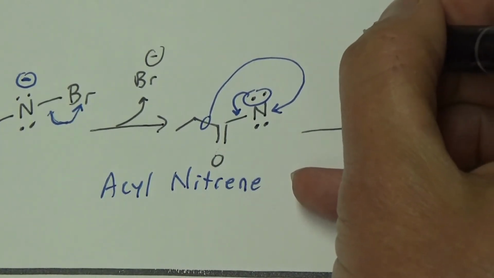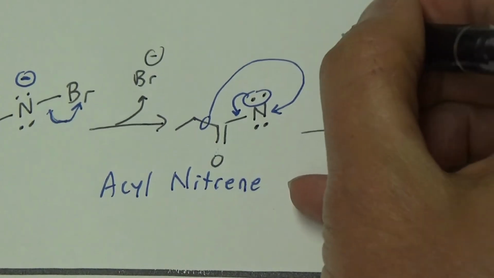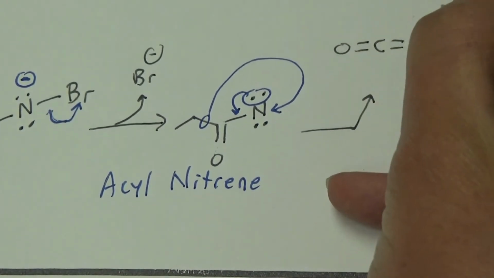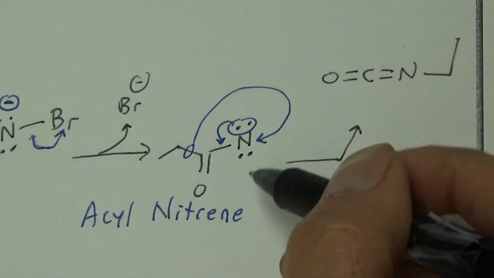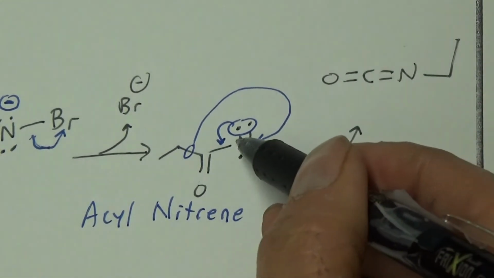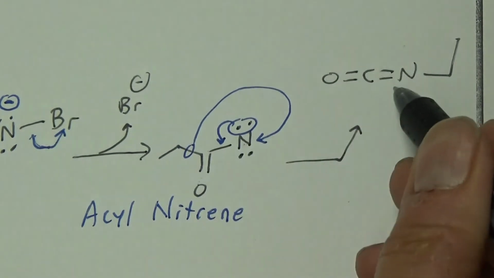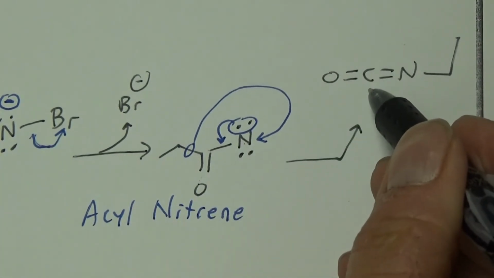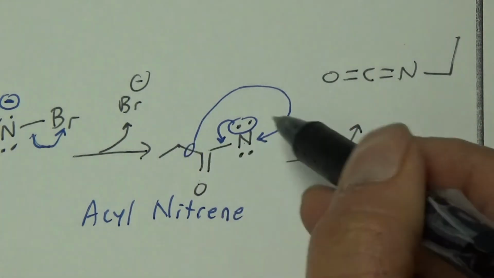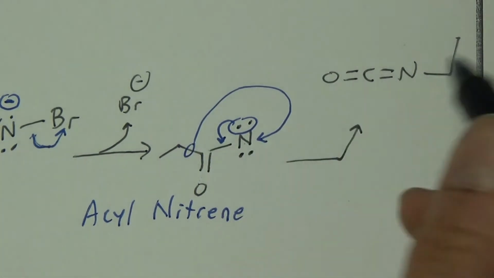So we have our C double bond O, double bond N, and the ethyl group, right? Because the nitrogen kicked in and made a double bond to carbon. We still have the double bond O, so that's N double bond, C double bond O, and the ethyl's on the other side now. This has a name.